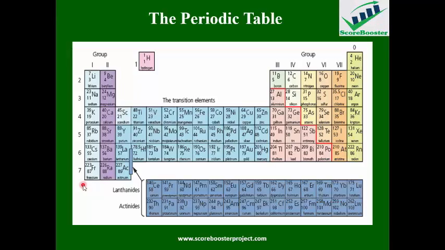So as a matter of introduction, this is our periodic table. Nonmetals are just like 2% of all the elements in the periodic table that have been discovered so far. We said this left part and this down part, the actinide and lanthanide series, contain metals.